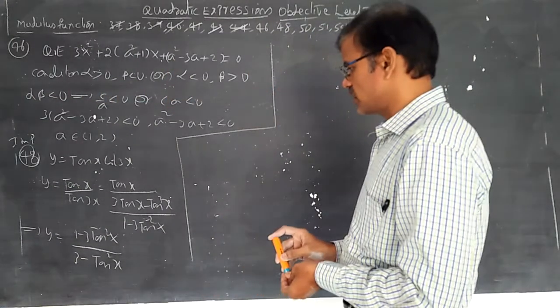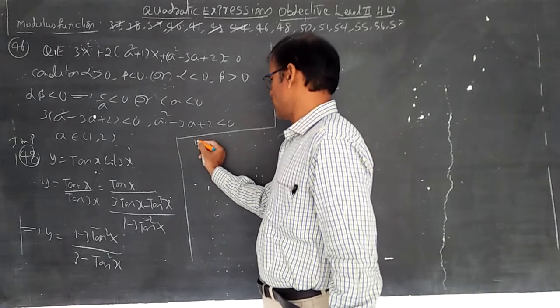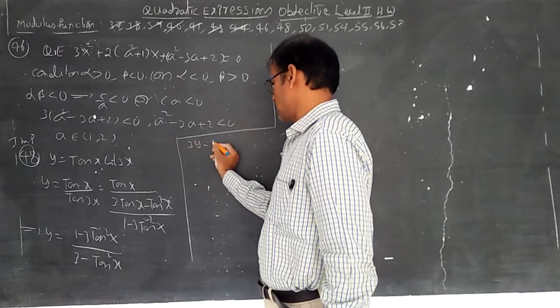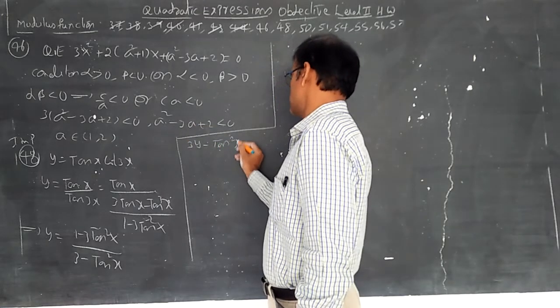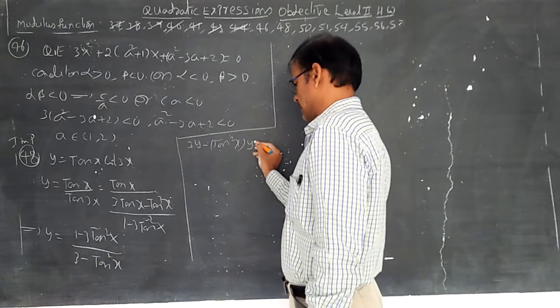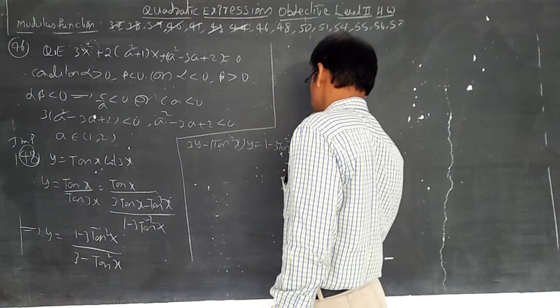We do cross multiplication, taking tan square x as the subject. y times (1 minus 3 tan square x) is equal to 3 minus tan square x. So 3y minus tan square x into y is equal to 1 minus 3 tan square x.